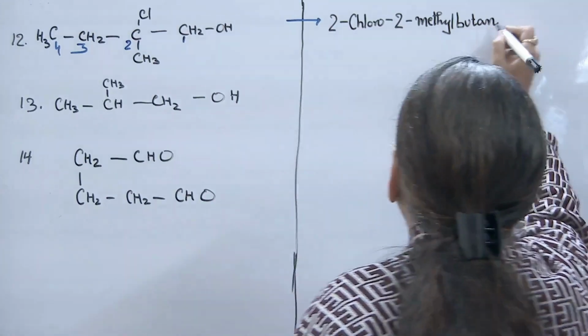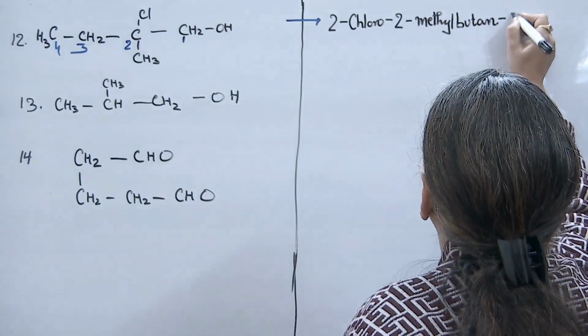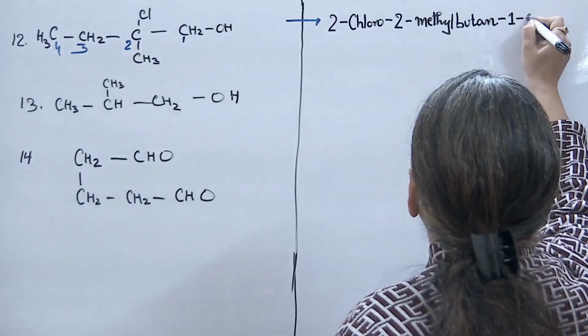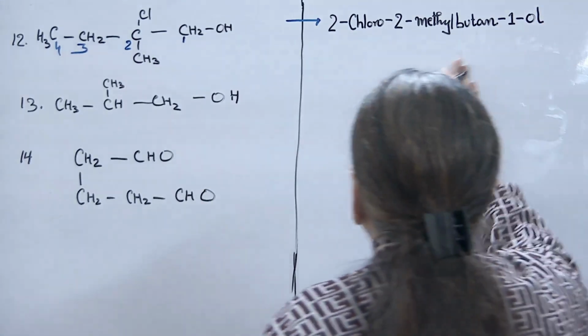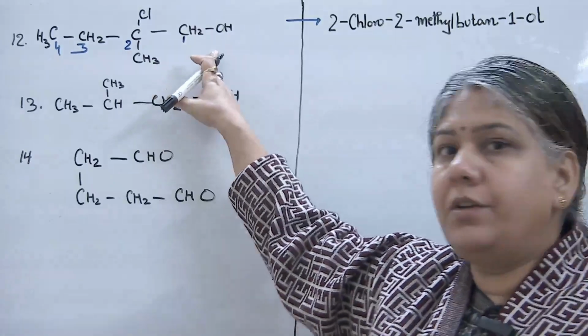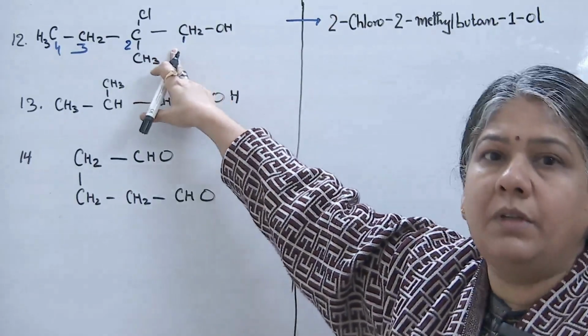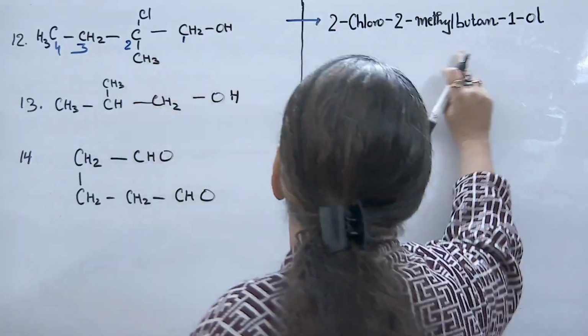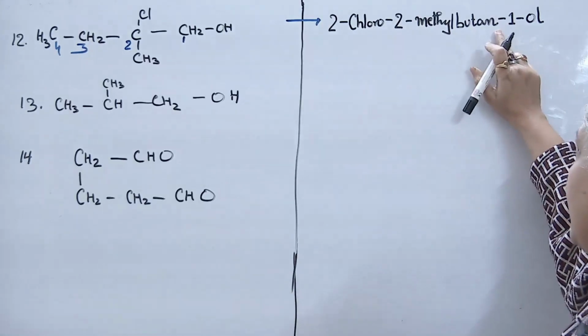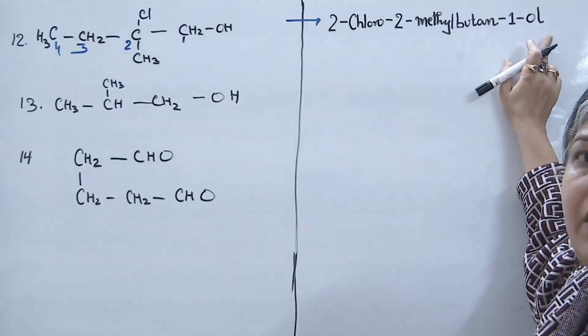So remove E and write 1 all. So position of functional group is also mentioned. It is present at the carbon 1. So butane, remove E, replace it with 1 dash all.